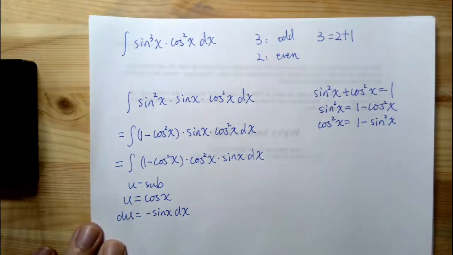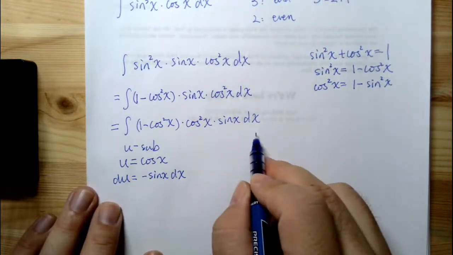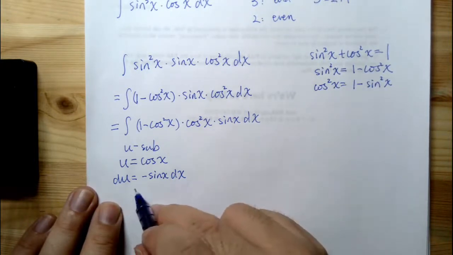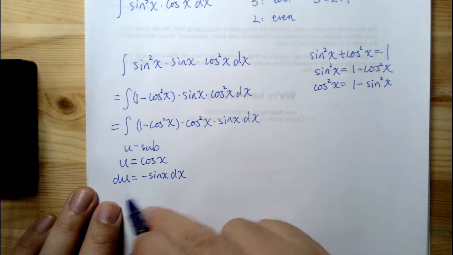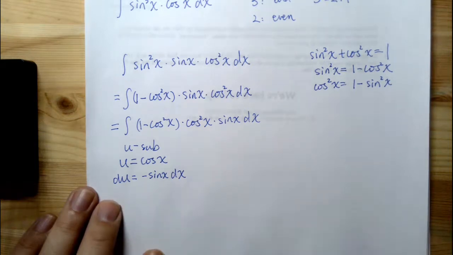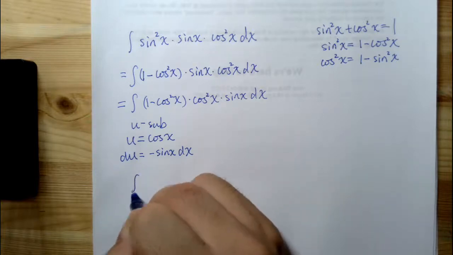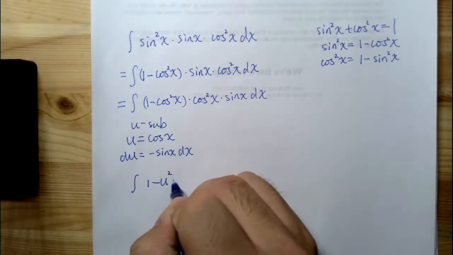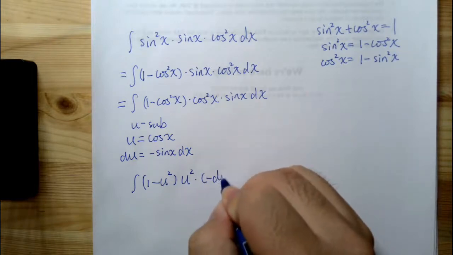Look at what we have here. Do you realize that we have sine x dx here, right? So du equals negative sine x dx, so we can easily find sine x dx equals negative du. After the u substitution, it turns out we have 1 minus u squared, right? And then times u squared, and then times negative du.